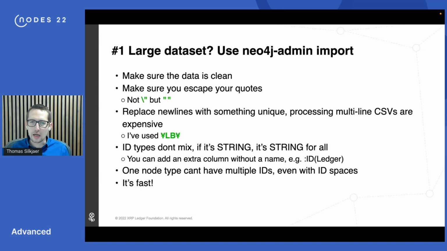In my case, I'd like to create relations based on account addresses in some cases and based on an account index hash in other cases, but you can't. Oh, and Neo4j admin import is fast, depending on your hardware of course, but this was months of Cypher inserts that was inserted using this in a matter of hours instead.